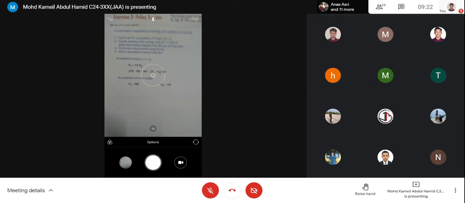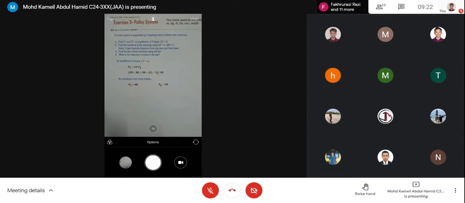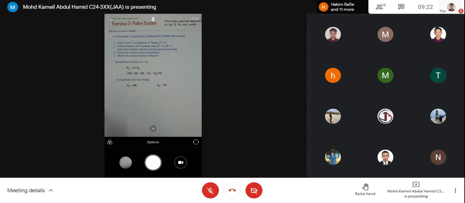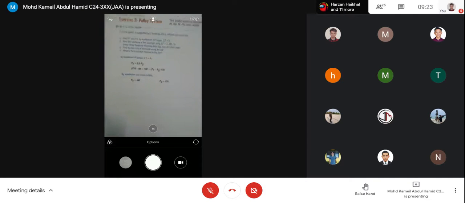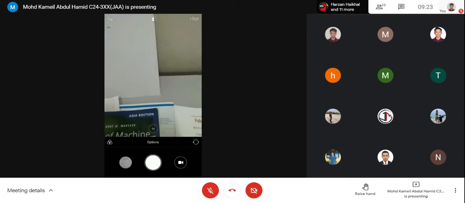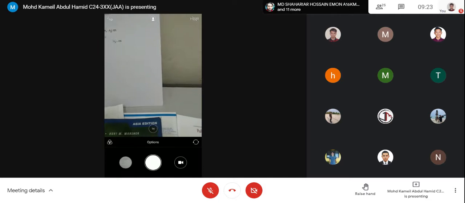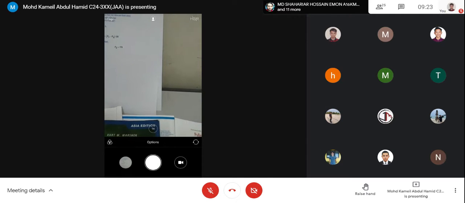Okay, first step. Okay, kena cari dia punya P1 and P2. Okay, you can find P1 and P2 by equation tadi, summation of total T equal to 0.